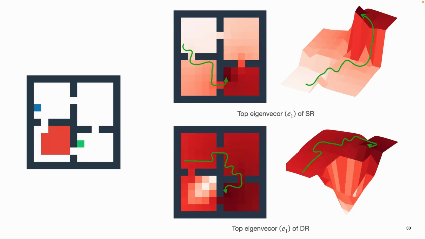But for the default representation, it would be another path that goes through the top right room, avoiding the low reward region. So now we apply this for reward shaping to see if it actually helps with performance.